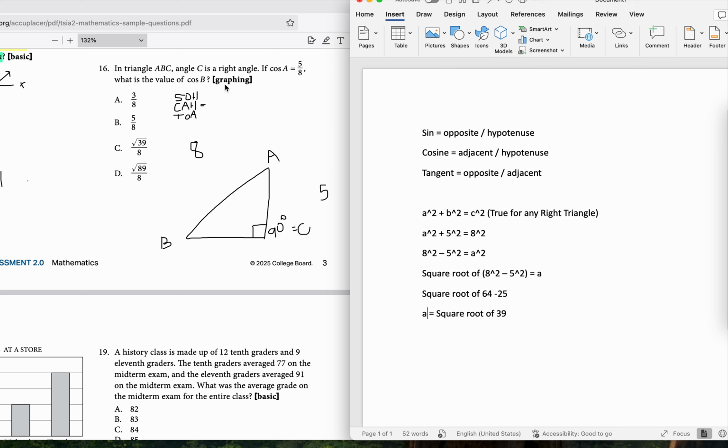And that's all over your hypotenuse, which is 8. So the cosine of B equals a over 8. And since a is the square root of 39, then our answer has to be C, the square root of 39 over 8. And so our answer is C.